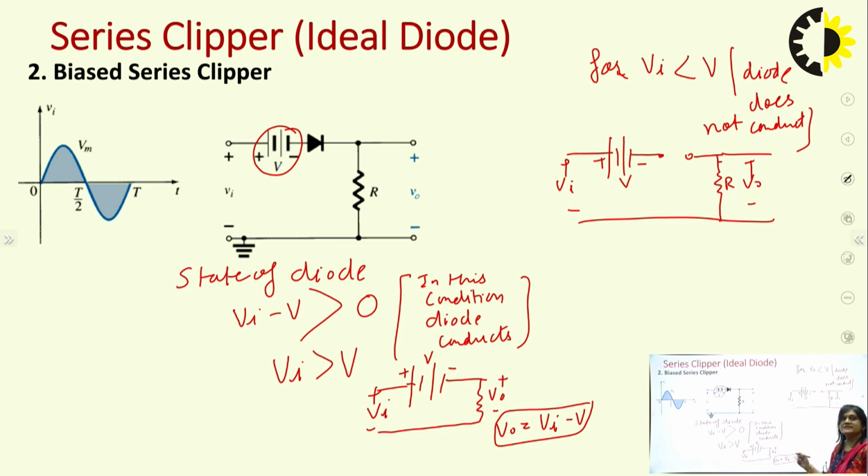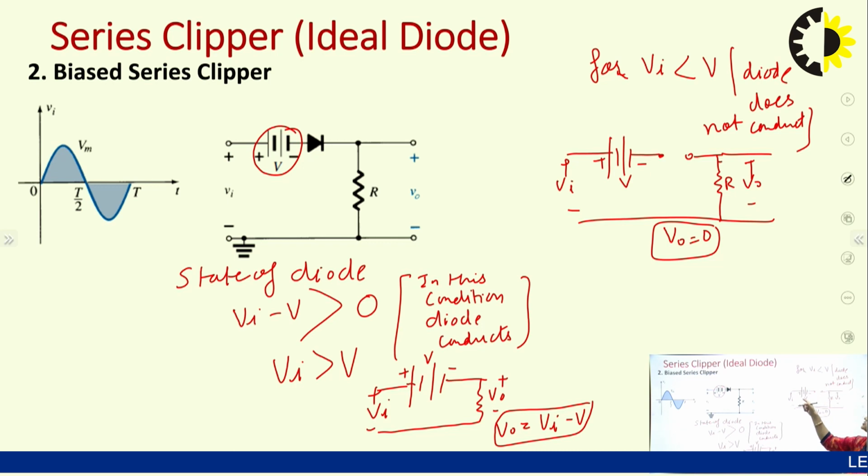Okay, so in this case the output V naught would be equal to 0, because this diode has become open now and no current will flow through this circuit, so the output voltage would be 0 in this case. Now how will we draw the waveform?